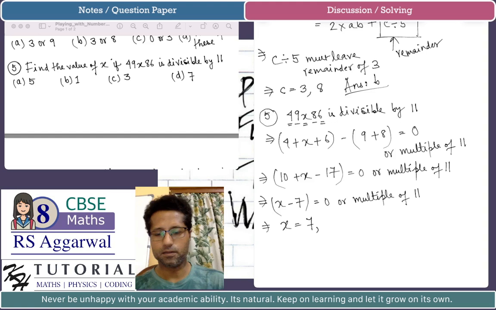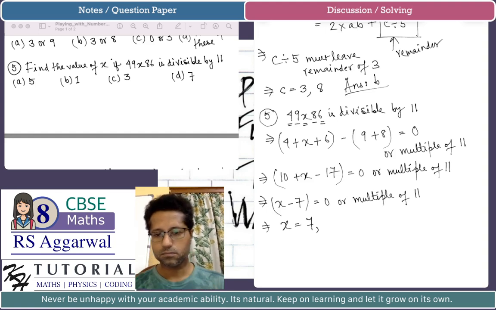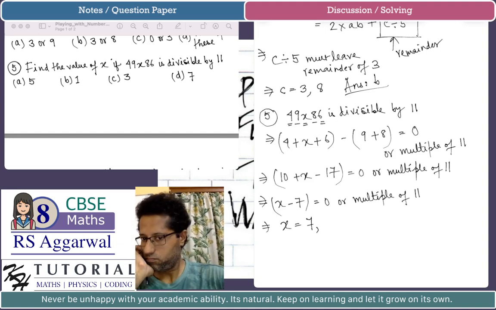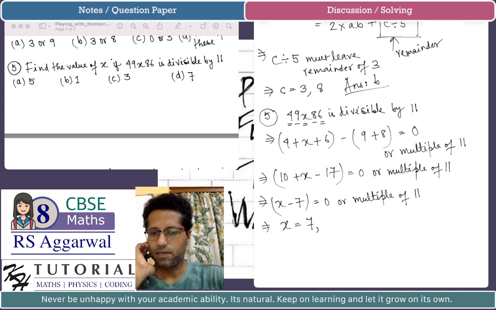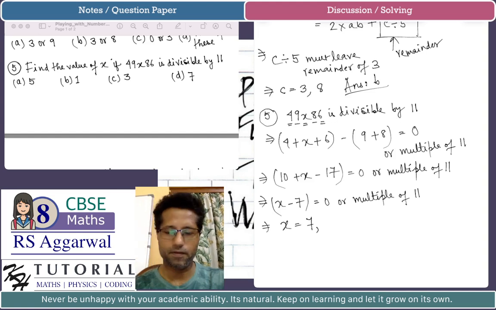Now can it have any other value such that x minus 7 is a multiple of 11? Let's check.